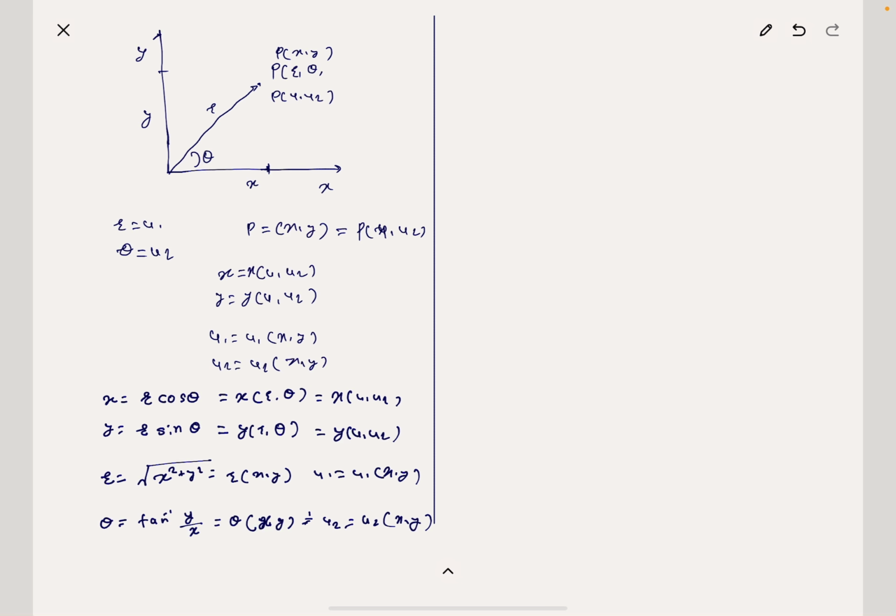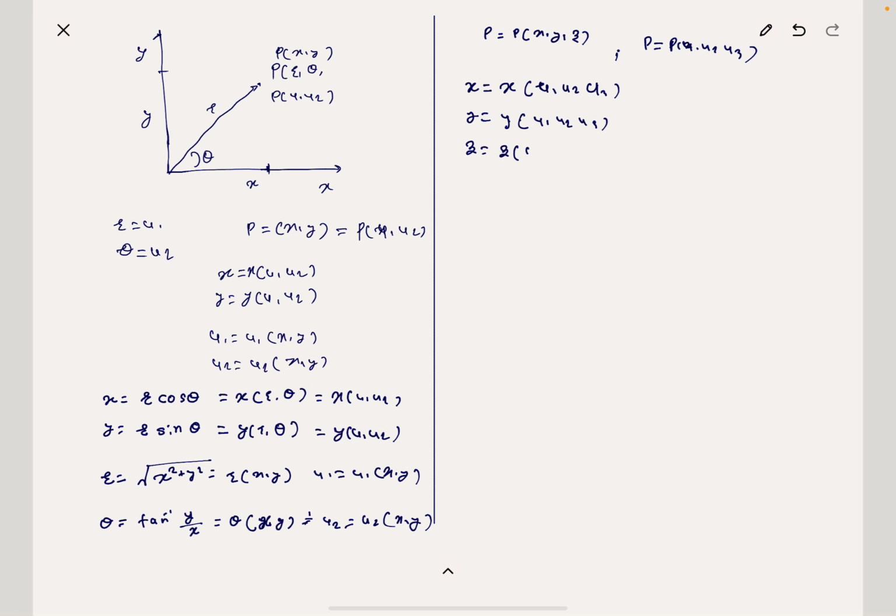In general, for 3 dimensions we can say point P is a function of x comma y comma z, and again the same observation is observed by an observer in another frame of reference having coordinate system u1, u2 and u3. Then we can say x is a function of u1, u2, u3 and y is a function of u1, u2 and u3.